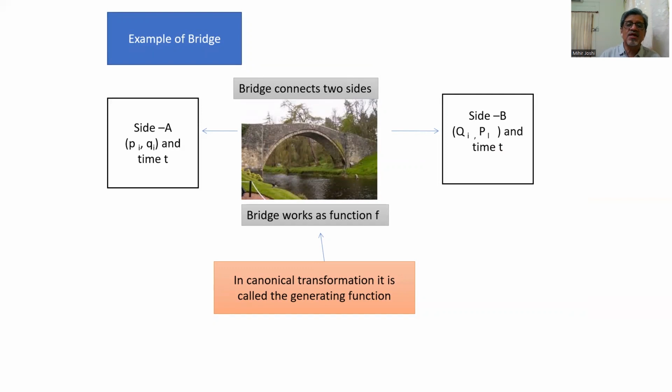The bridge works as a function f that connects one side of the river with the other. In canonical transformation, it is called the generating function. So the generating function works as a bridge connecting one set of canonical variables with another set of canonical variables.